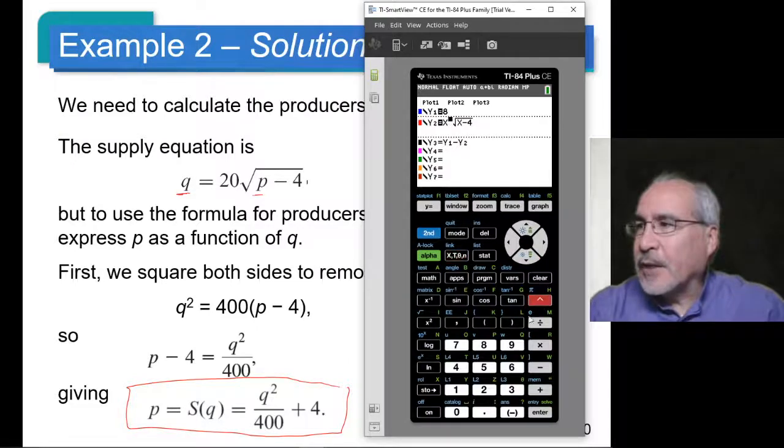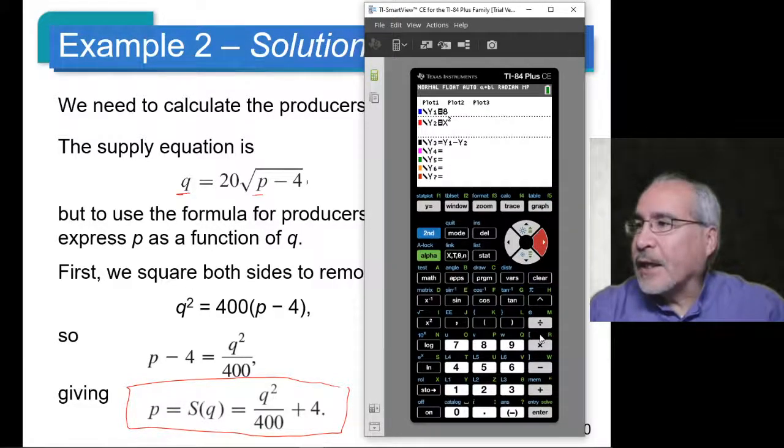So we go with x squared. Let's clear it. X squared divided by 400. Oops. Start over again. X squared.